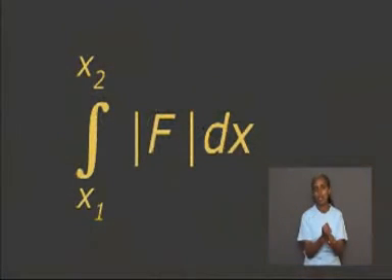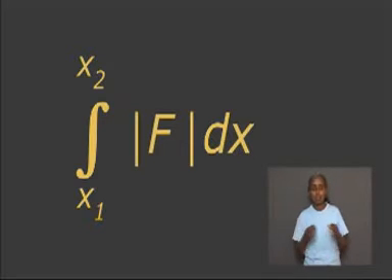As we have learned already, if a particle is displaced from one point to another, there is a force at work. Let us call the force F. We will say the particle moved from coordinate x1 to coordinate x2.